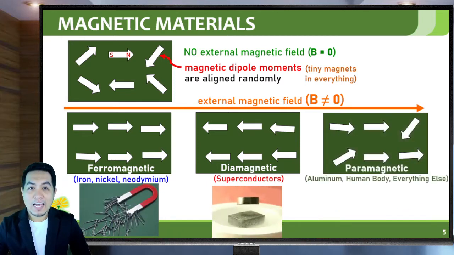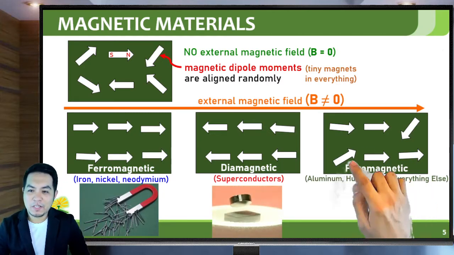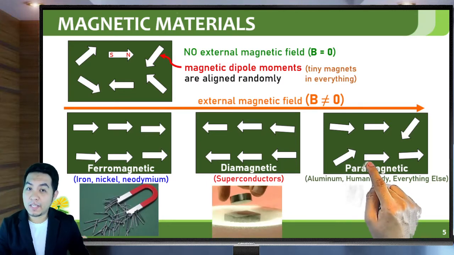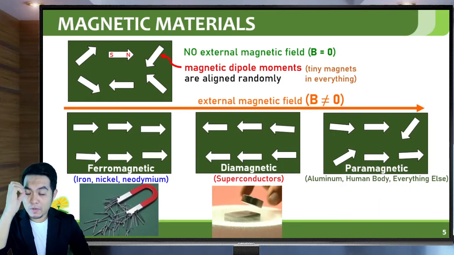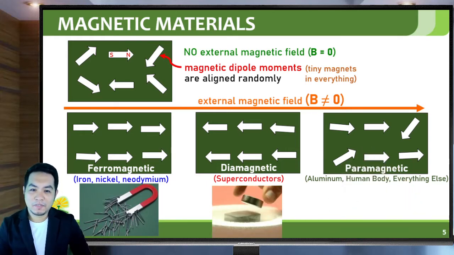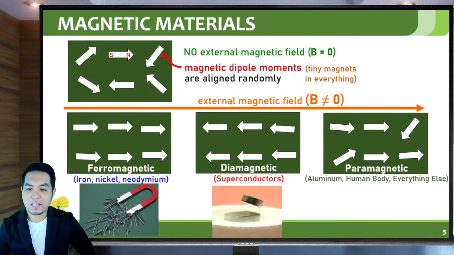So the third class of magnetic materials are what we call paramagnetic materials. So in paramagnetic materials, only some, not all, but only some of the magnetic dipole moments, the tiny magnets and everything, align with the magnetic field. So this is the case for aluminum. So again, not all metals are ferromagnetic, only iron, nickel, and some other materials.